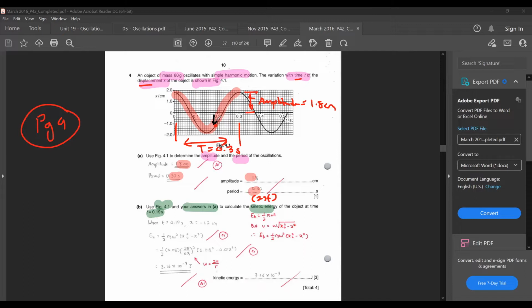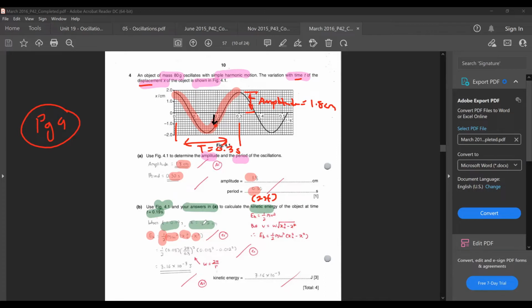So here, you're not talking about maximum KE anymore, because you can see from here, your oscillation is not even at equilibrium in the first place. It is at some other displacement value. So you have to use the EK equation directly, which is half m omega square times x naught square minus x square. Since I know that t equals 0.19 seconds, the displacement is negative 1.2 centimeter.